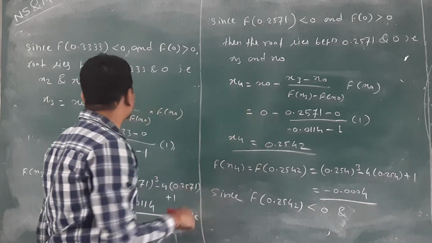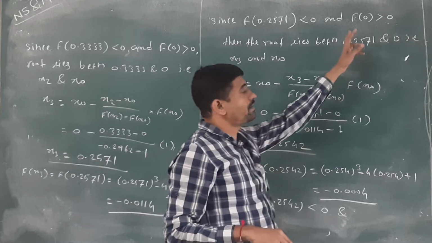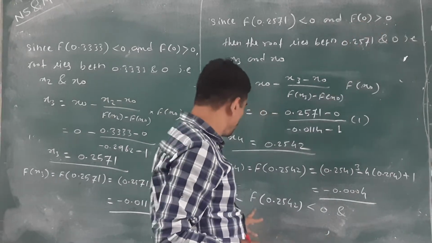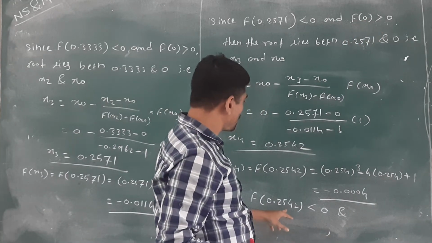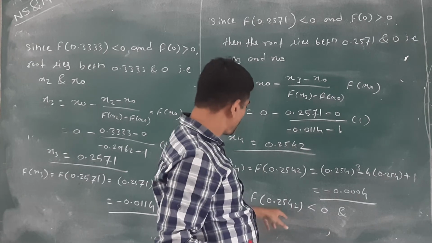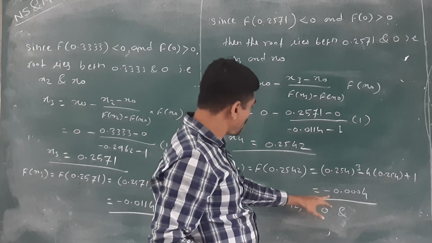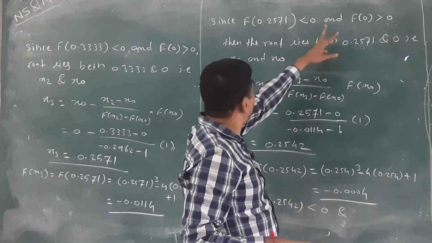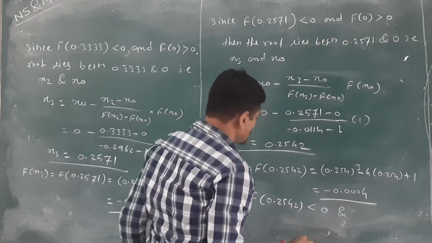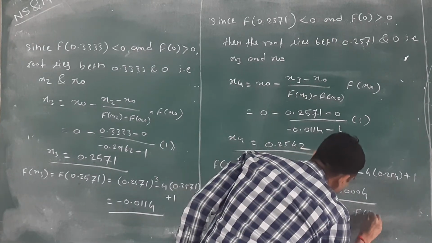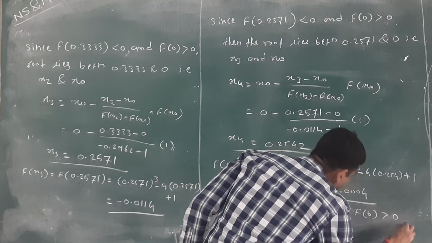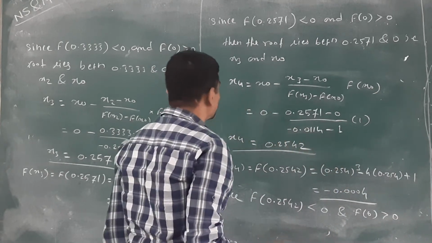Why have we not taken x1? x1 again has the negative value. Both signs are required to be opposite. f of 0.2542 has the negative sign and f of 0 has the positive sign. That's why we choose that f of 0 is greater than 0.